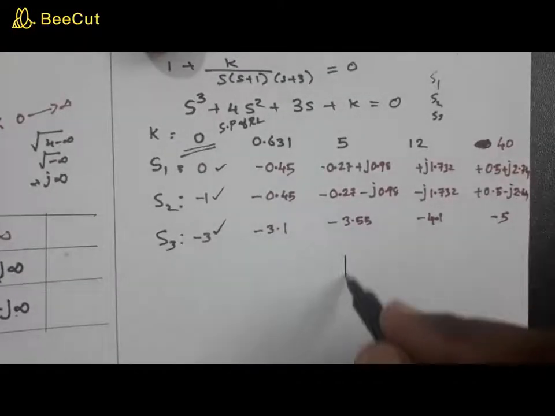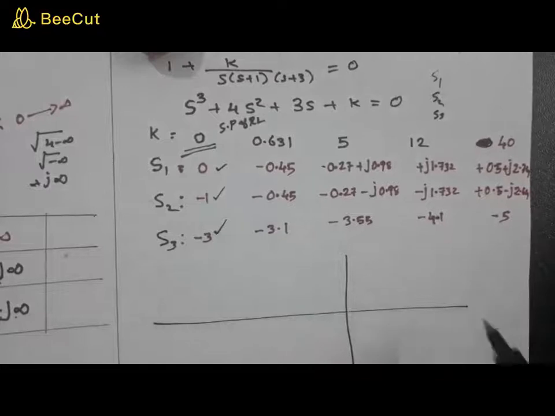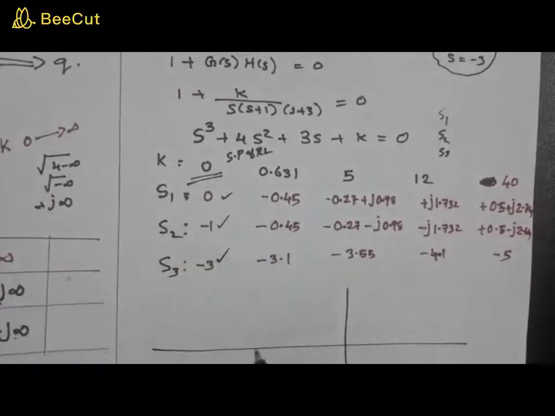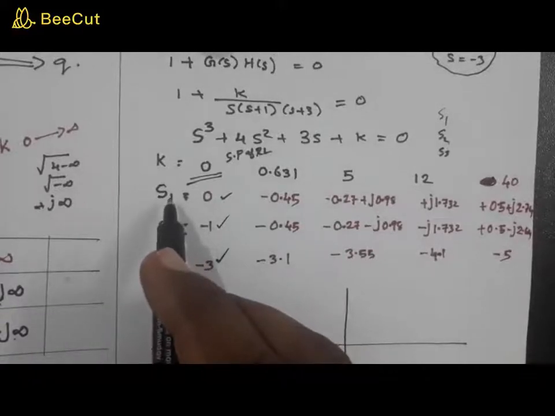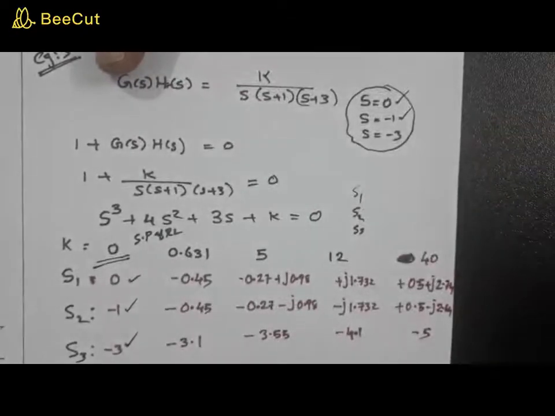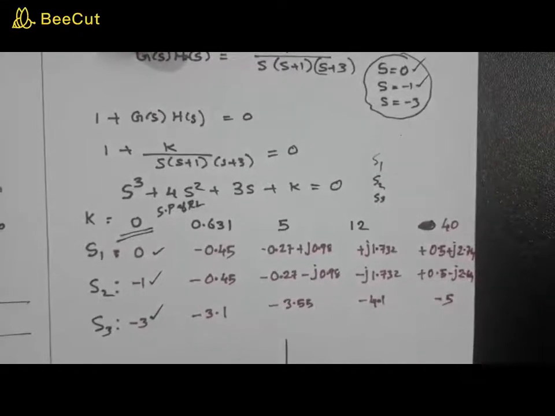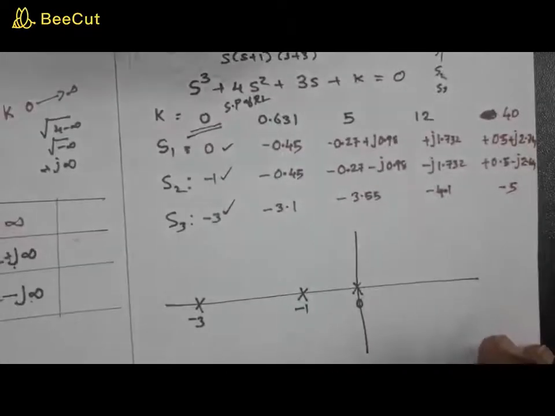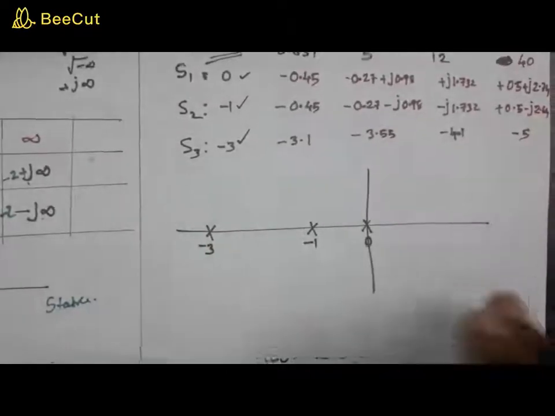So now we have to draw this graph. First of all, you may just mark these open loop poles. How many poles do you have? You have three poles: one at 0, one at minus 1, and one at minus 3. So this is the S plane.